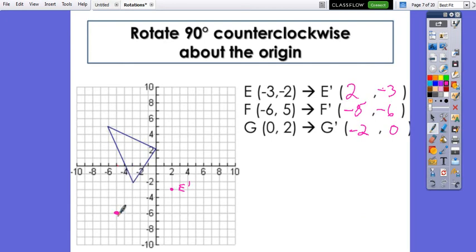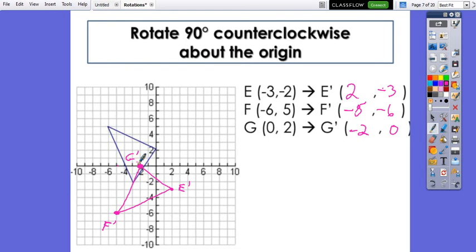And that is F prime. And then -2, 0. And that is G prime. All right, so we go there, we go there, we go there. And there it is. So again, counterclockwise is we're moving to the left. This point, starting in this quadrant, went 90 degrees down to this quadrant.